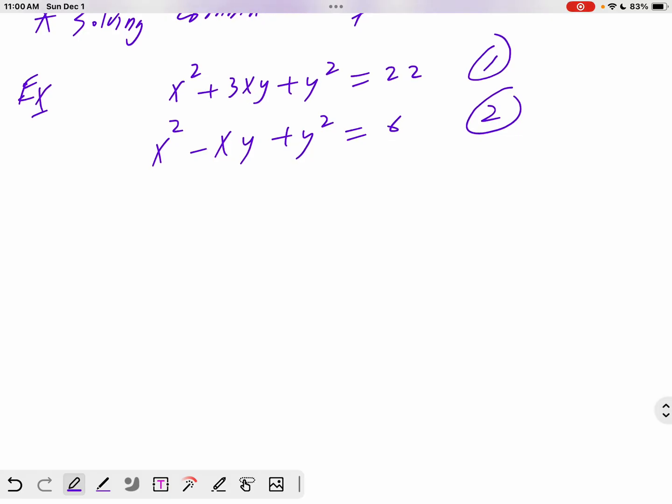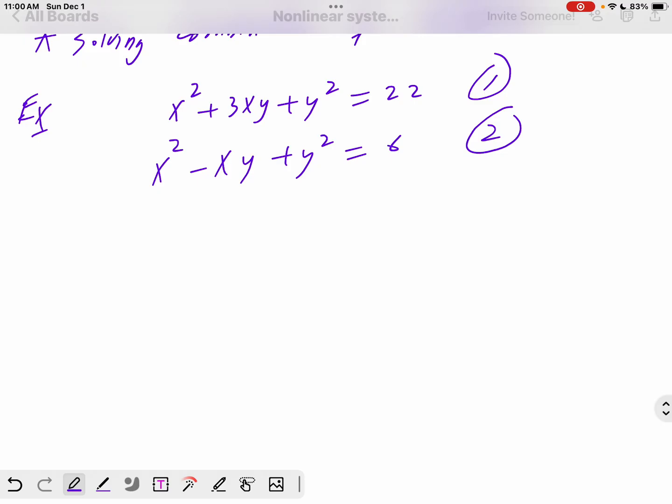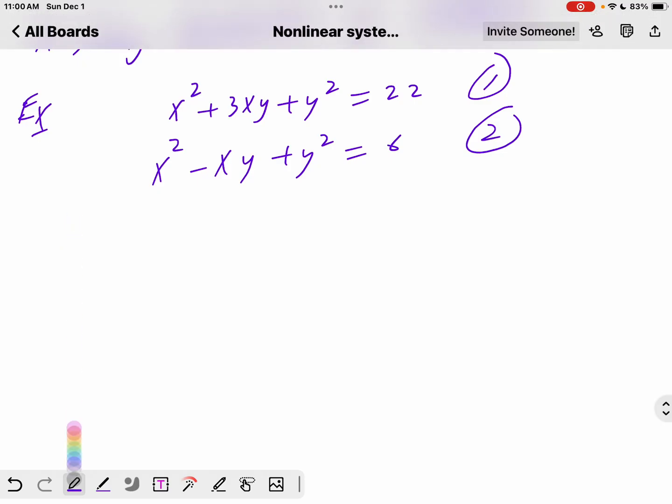But we have to have opposite signs. So what we're going to do is multiply number 1 or number 2, it doesn't matter. Multiply the first one by negative 1.